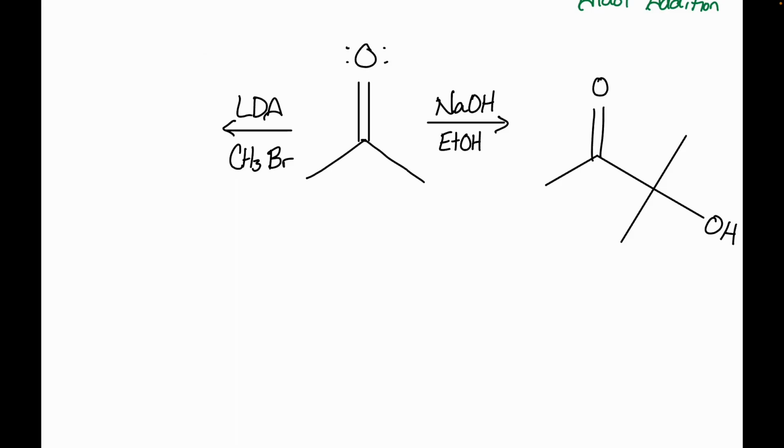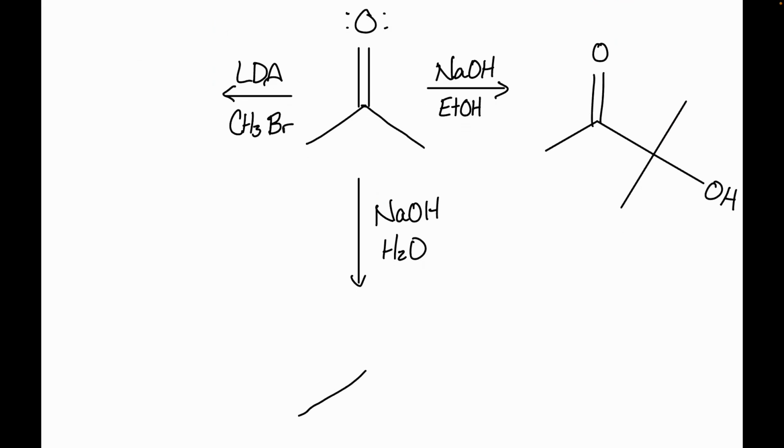If you use an aqueous solution, you would get some of that gem diol product that we talked about, where these ketones and aldehydes react with hydroxide. So if we used NaOH in aqueous solution, we would get the hydroxide ion playing the role of the nucleophile.